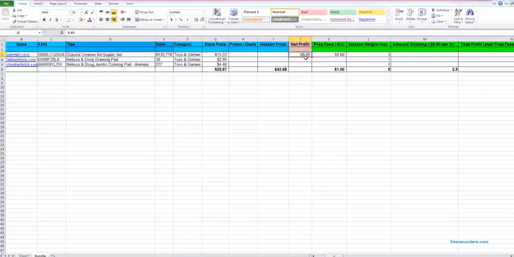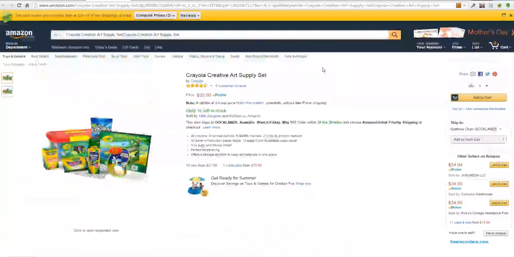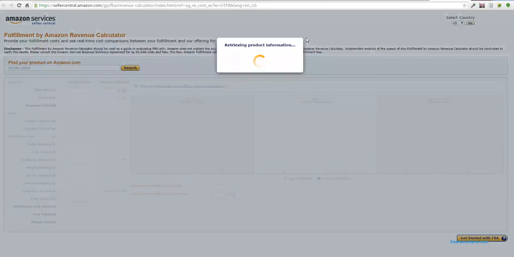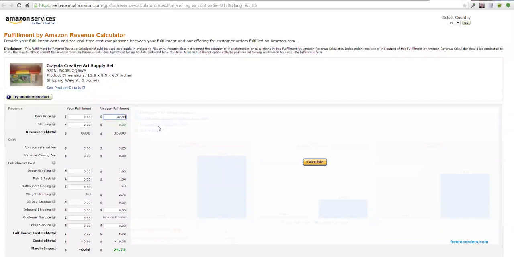Net profit needs to be calculated on all the items. So what I do is I get the original Crayola Art Supply Set and open up the calculation screen. Here I'll put 42.98 because that's what we want to sell it for.